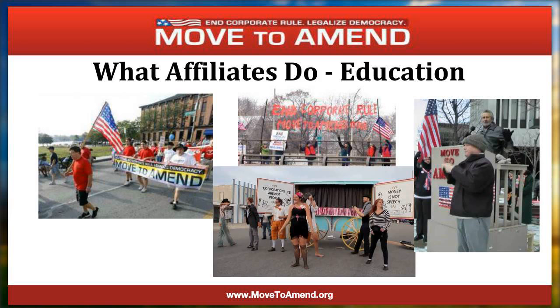I myself came from Indiana, where we had an affiliate group in Bloomington, Indiana, that managed to not only participate but claim first place in our 4th of July parade. And this is just one example of really getting the word out that there is a national coalition working to amend the U.S. Constitution to end corporate rule and legalize democracy.